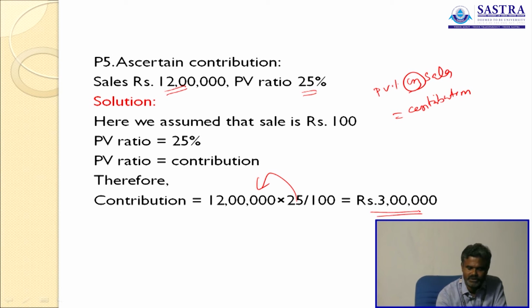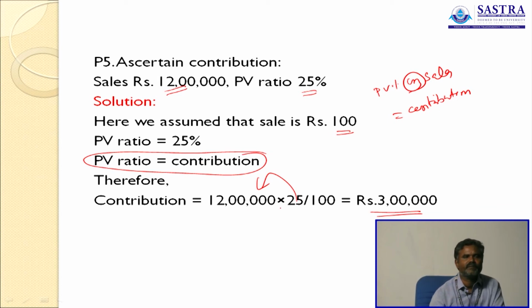Very simple. Here we assume that sales is 100, PV ratio is 25. So, PV ratio equals contribution. Therefore, contribution equals 12 lakh into 25 by 100, which is 3 lakh rupees. This is the answer for this question.